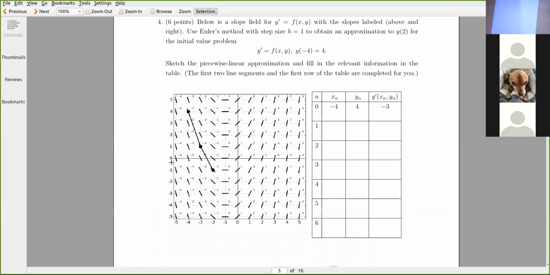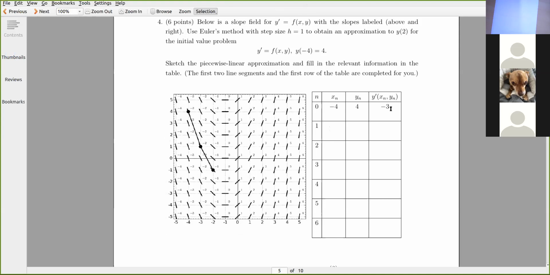So if you look at the graph, not only are we given the points, so our standard xy coordinates with the x and y coordinates listed on the outside, but these values inside are the slopes. So what we want to do, at step 0, we're starting at minus 4, 4, and negative 3.